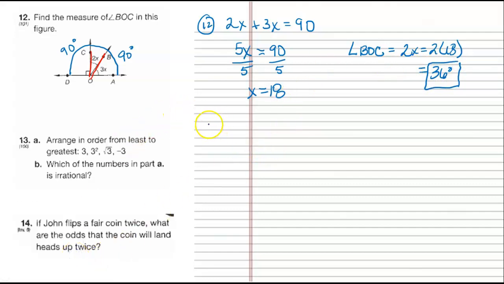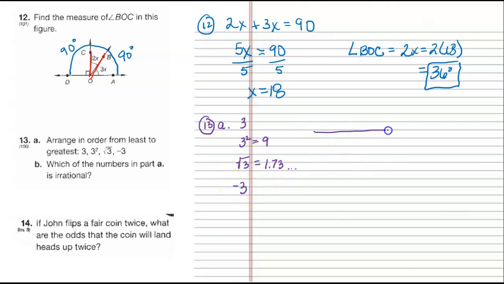Okay, 13. A says arrange these in order. So I have 3. I have 3 squared, which is 9. I have the square root of 3, which if you take on your calculator is like 1.7 and change, 1.73, and so on. And then I have negative 3.